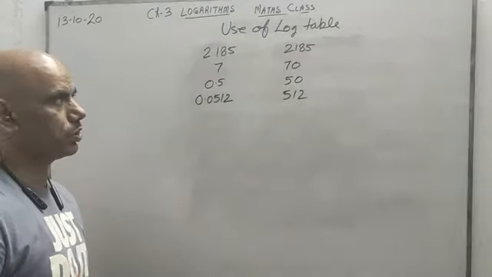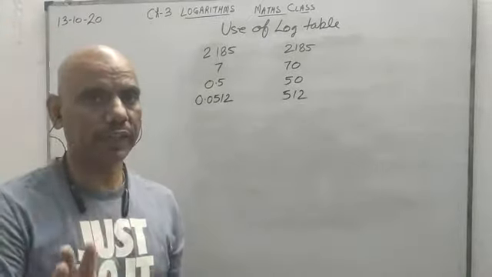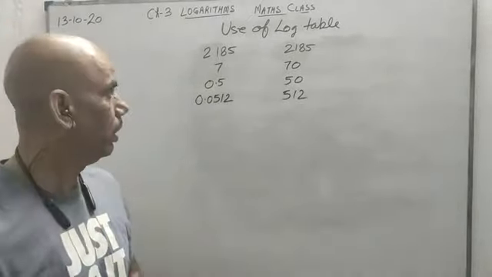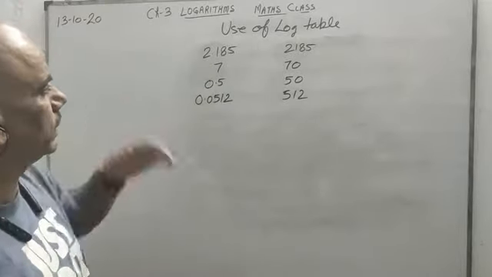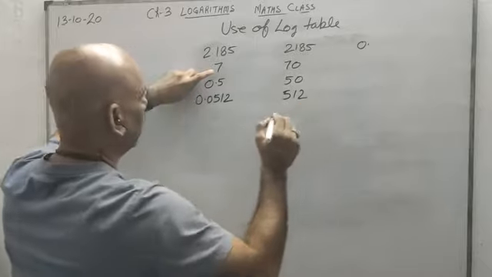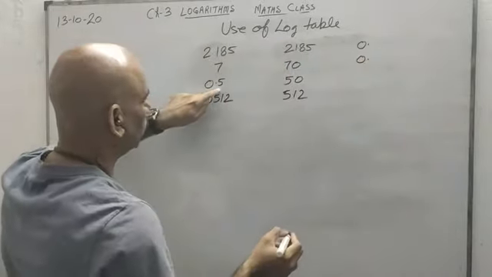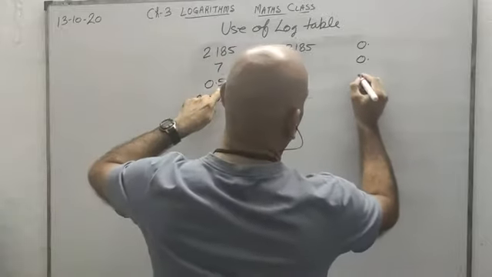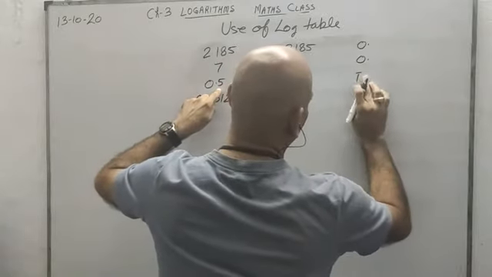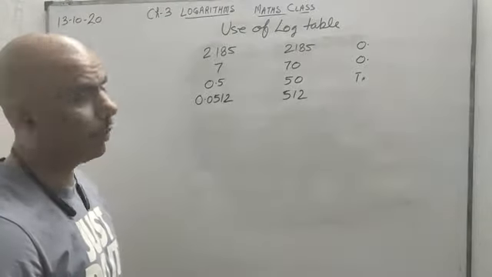Now how will we look it up? For this, the characteristic is okay. What you have done for the characteristic will come before the decimal. For example, the characteristic of this is 1 minus 1, 0. So 0 point. The characteristic of this is 1 minus 1, 0 point. The characteristic of this will be 1 bar, because it does not have any 0 before 5.